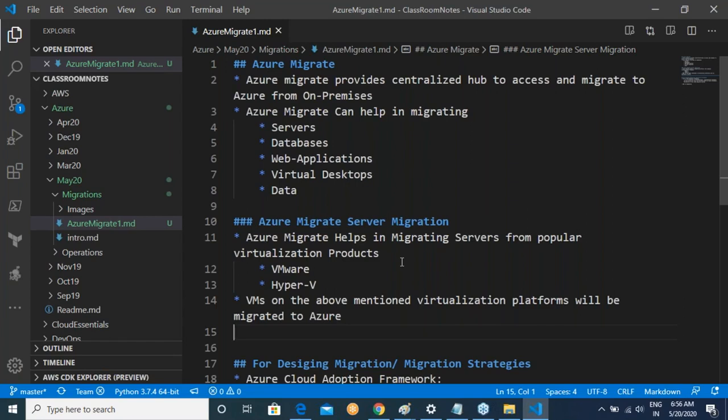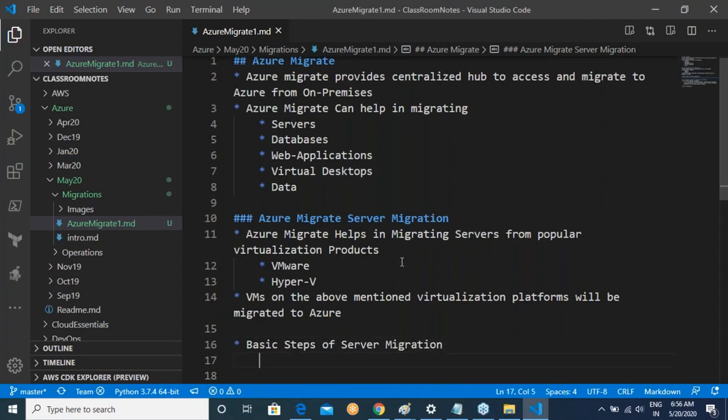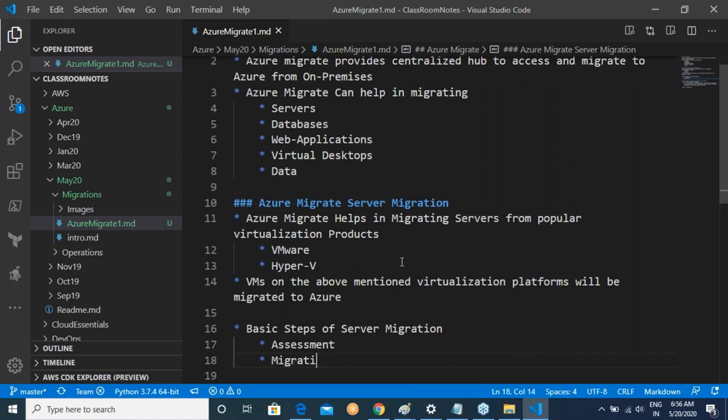All right. Basic steps used in server migration. There are two simple steps. The first step is assessment, and the second step is migration.